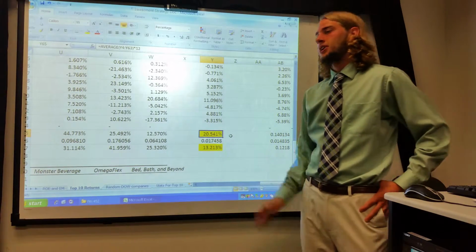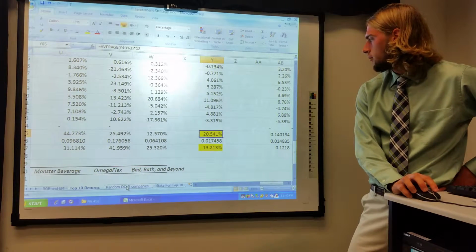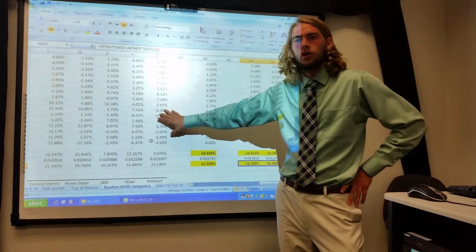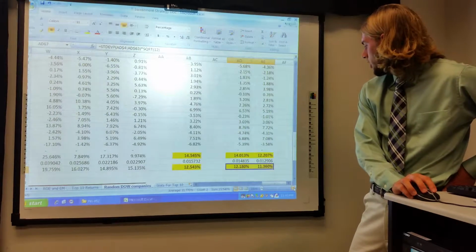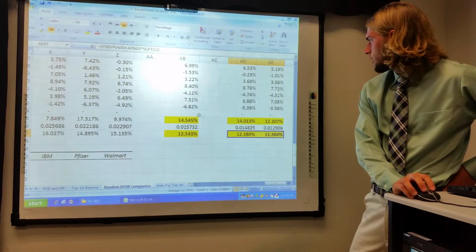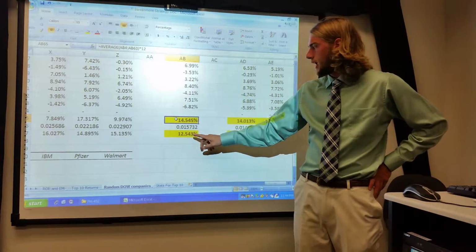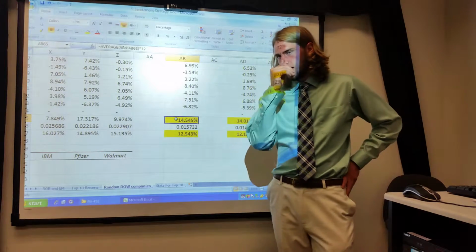So that doesn't really mean much until you compare it to something. In my other sheet, I've done the same exact thing for portfolio B, the companies that didn't fit the criteria, and their annualized return over the period was 14.545%. And their annualized standard deviation was 12.543%.